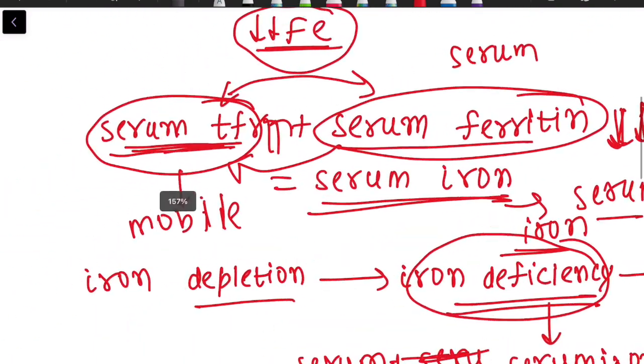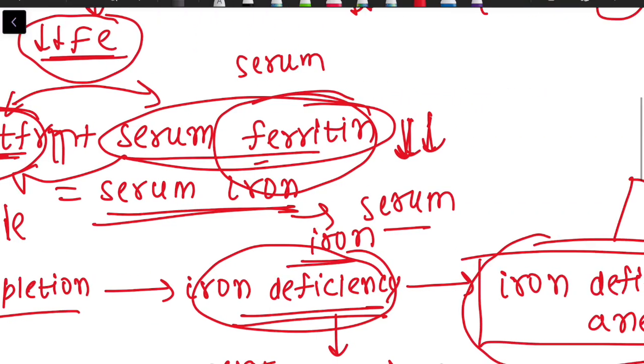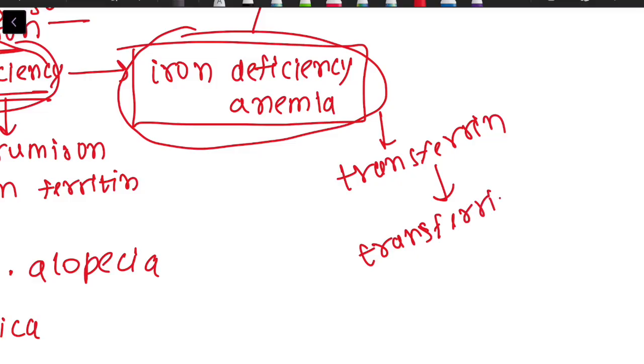I told you that as soon as the iron supply starts decreasing, ferritin starts giving its iron to transferrin. But since the body is also not having iron, serum transferrin is hungry for iron. It is not getting that iron. So the transferrin saturation decreases, but the transferrin binding capacity, mark my words, binding capacity increases.